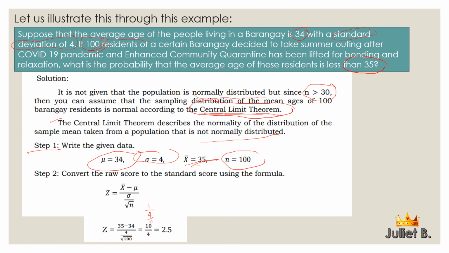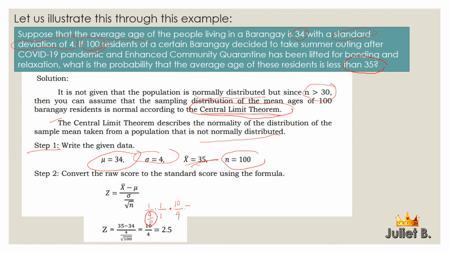Kaya to naging 10 over 4 kasi we know that 1 is a whole number, so its denominator is 1. The denominator is 4 over 10, so we'll get the reciprocal of that, and then we will change the operation to multiplication. So this will be 10 over 4.